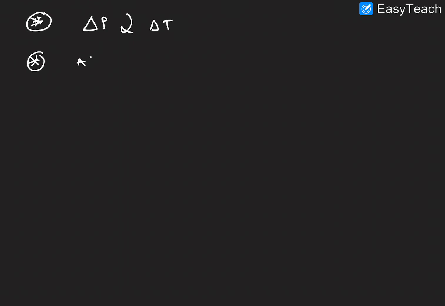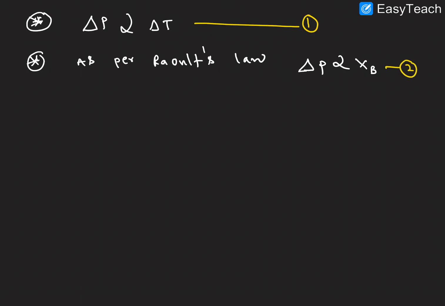And the next very important point, as per Raoult's law, the partial vapor pressure is directly proportional to mole fraction of solute. This is relation 1, and this is relation 2. We can write that pressure is directly proportional to temperature, and pressure is directly proportional to mole fraction.